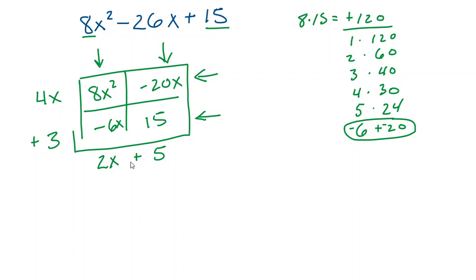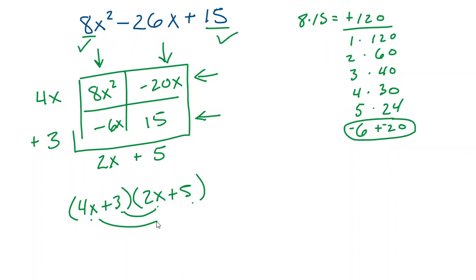But here's the problem. If we said 4x plus 3 times 2x plus 5, well, 3 times 5 is 15, that's good, and 4x times 2x is 8x squared, that's good. But the inners and the outers are going to both be positive, so they can't add up to negative 26. And here's the problem.